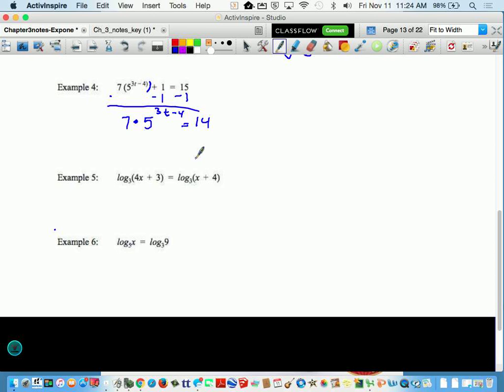But order of operations, PEMDAS, what are you supposed to do first? Things that are in parentheses, then you should do the exponent. So if you don't know what 5 raised to that power is, you can't do anything. So don't multiply by 7 until you've done it, right? So you have to get rid of the 7 also. Divide by 7. And now you have 5 to the 3t minus 4 is equal to 2.